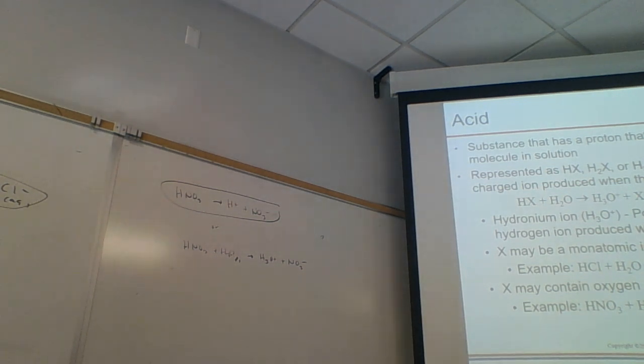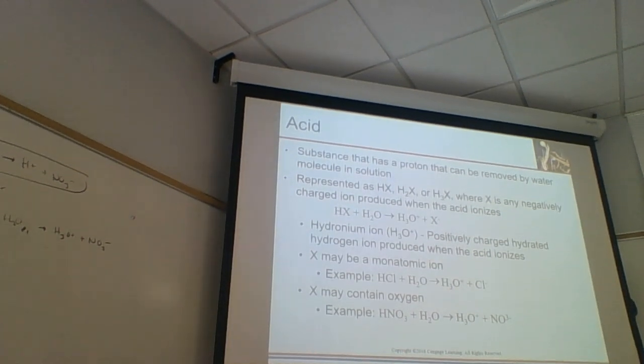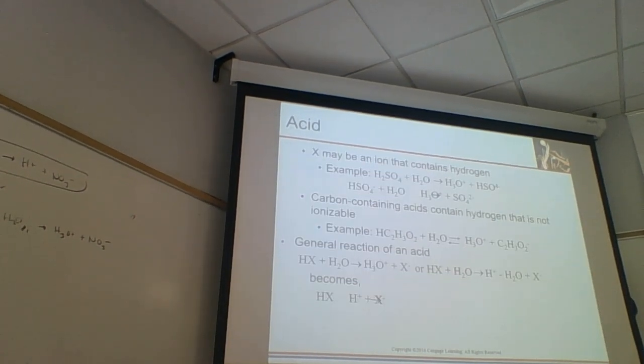Some things don't hydrolyze or ionize completely. Those are the weak acids. So let's take a look at two examples of weak acids here. H2SO4 is not a weak acid. H2SO4 is a strong acid. H2SO4 will ionize completely, but when it ionizes, only one H plus breaks off at a time. So we have two H pluses. If one of those breaks off, then we're left with an HSO4 minus.